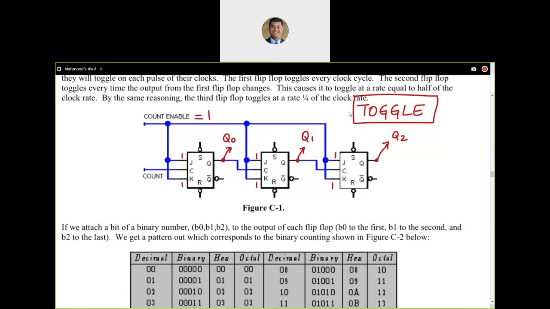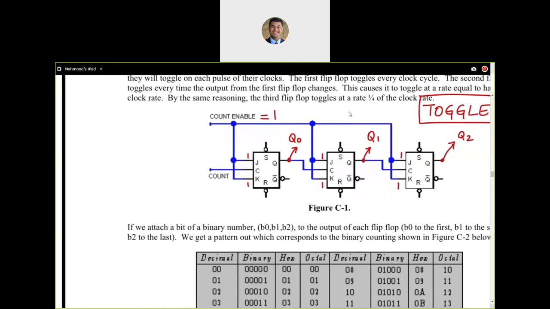So what is going to happen? If I just look at this region over here, maybe I can write a statement quickly.